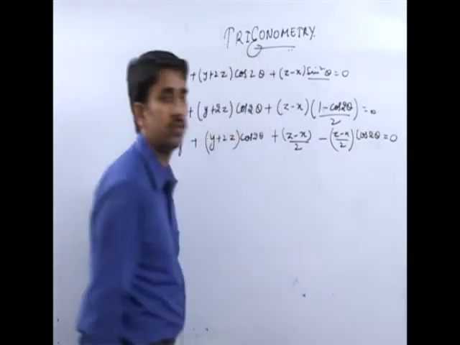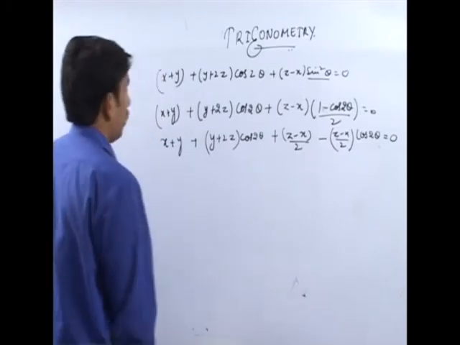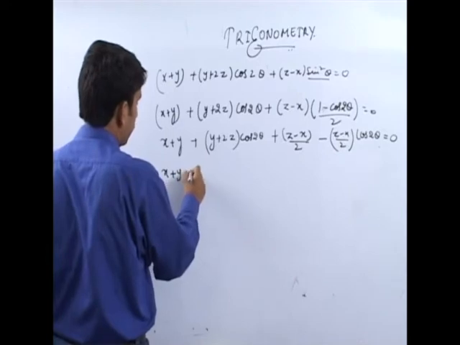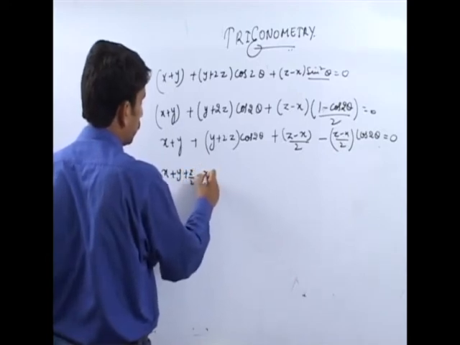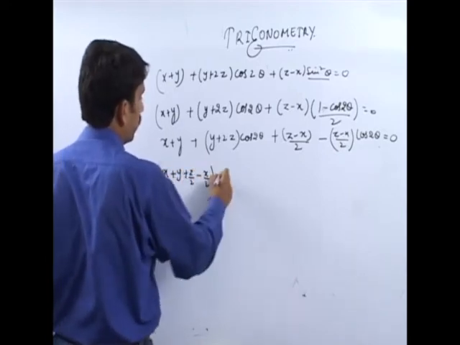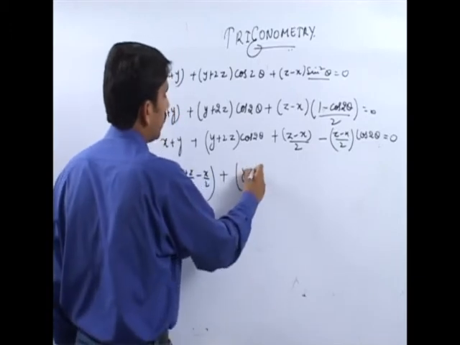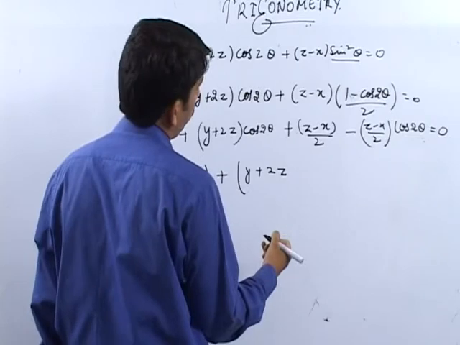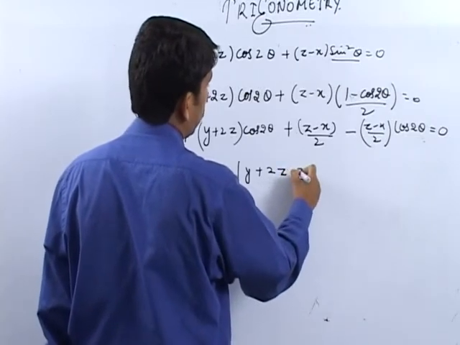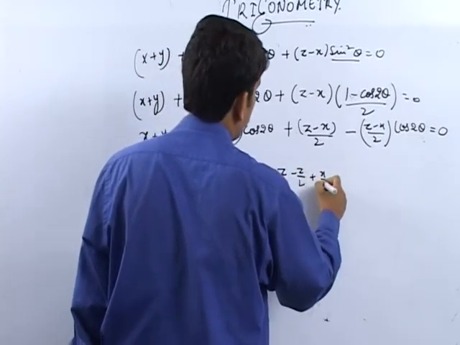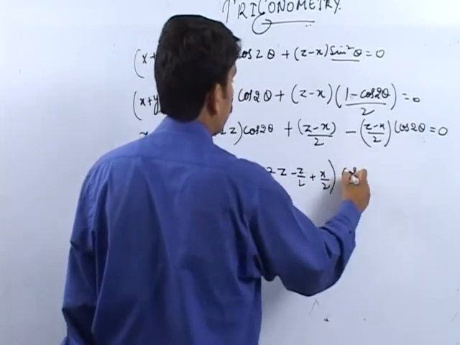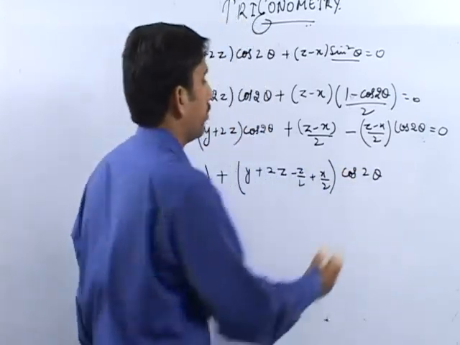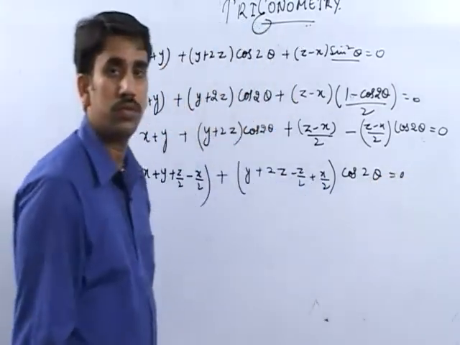is equal to 0. Now this is x plus y plus z by 2 minus x by 2 is one term, and other is y plus 2z, and this will become minus z by 2 plus x by 2 into cos of 2 theta should be equal to 0.